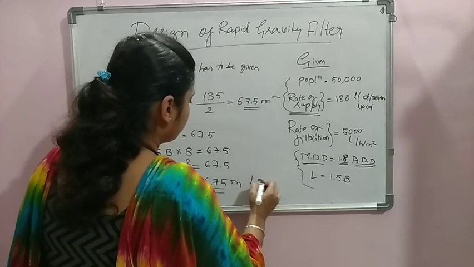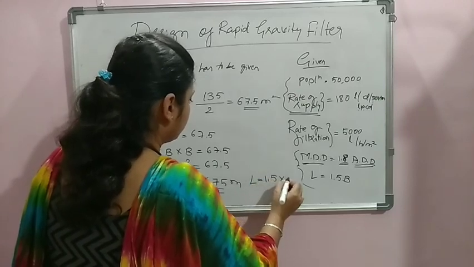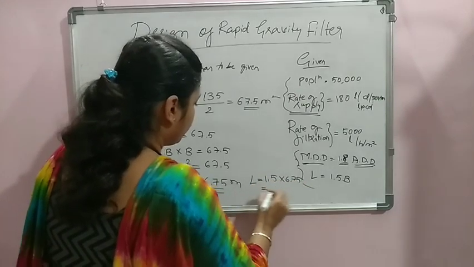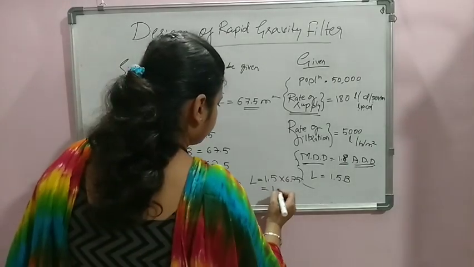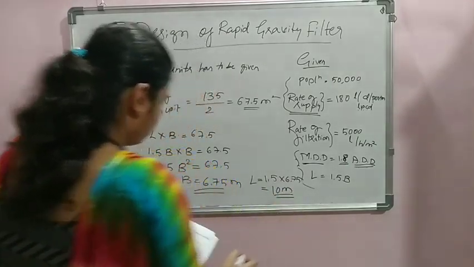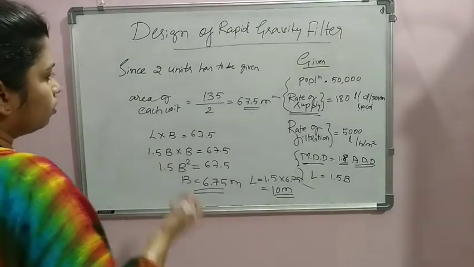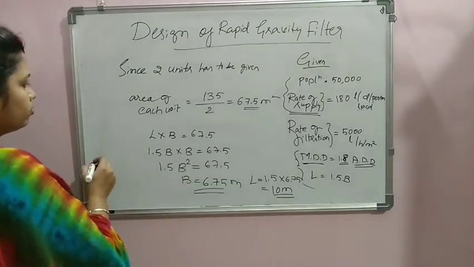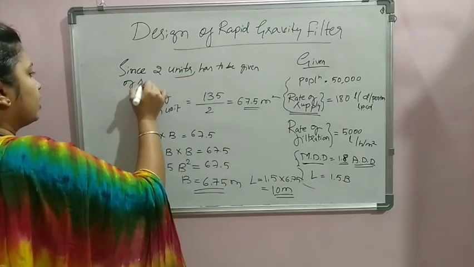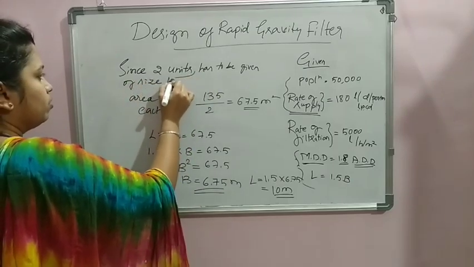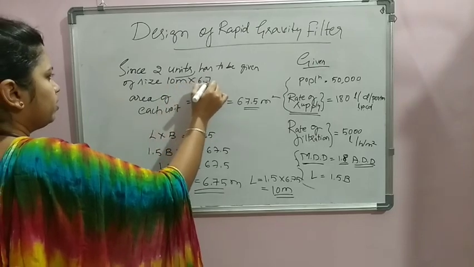So L is equal to 1.5 times 6.75, and L comes to be 10 meters. So we can go for giving 2 units of size, that is 10 meter by 6.75 meter.